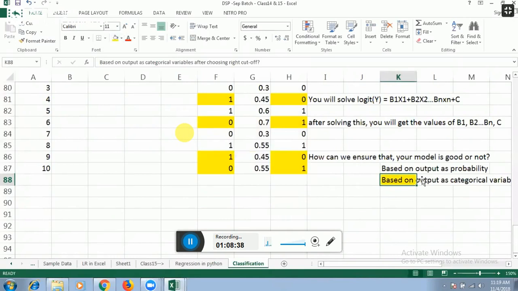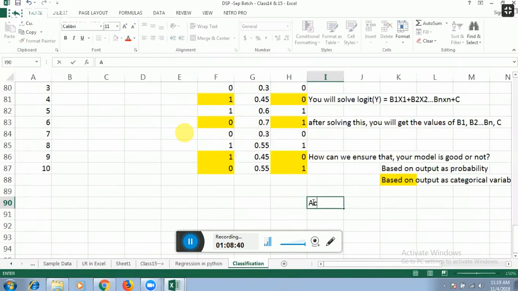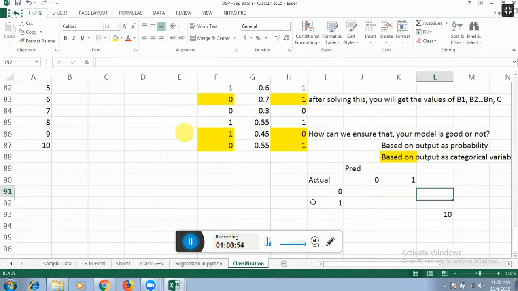So if this is the case, what are your actual values and your predicted values? Your predicted is 0, 1 and your actual is 0, 1. So in total, how many customers are there? 10. Out of that, actual ones 5, zeros 5, and the predicted also 5 zeros, 5 ones.